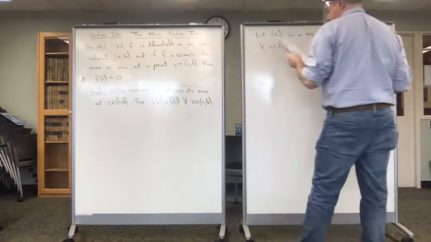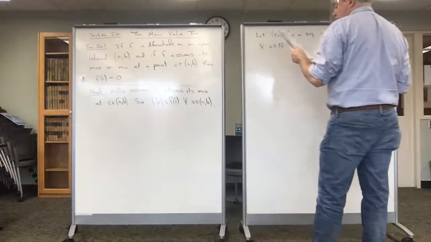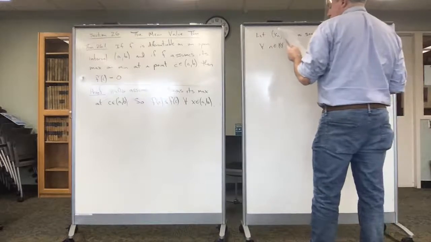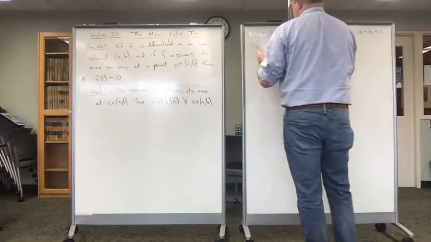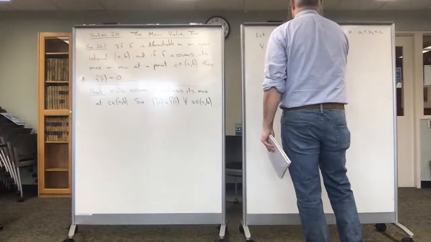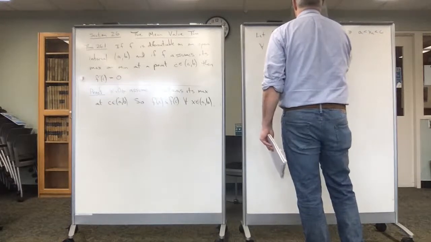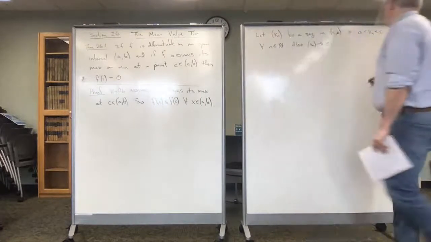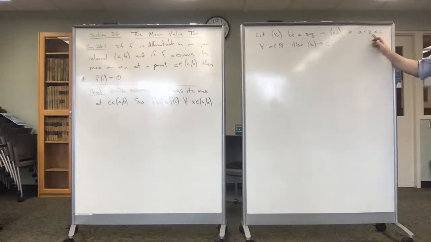Also, we want these x sub n's to converge to c. So I'm taking a bunch of sequence values that are to the left of c that converge to c.